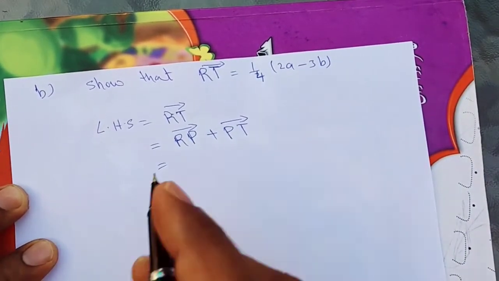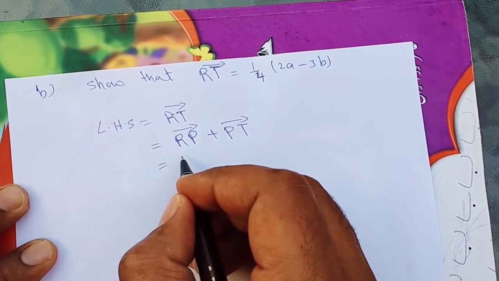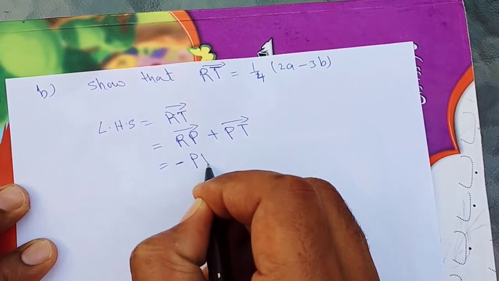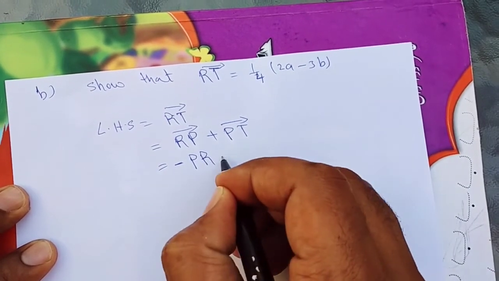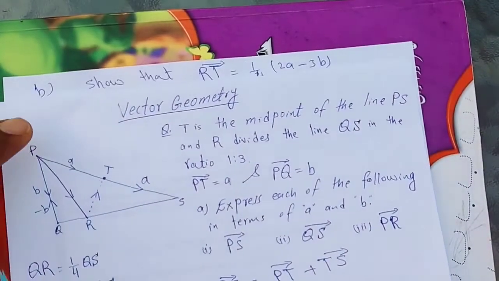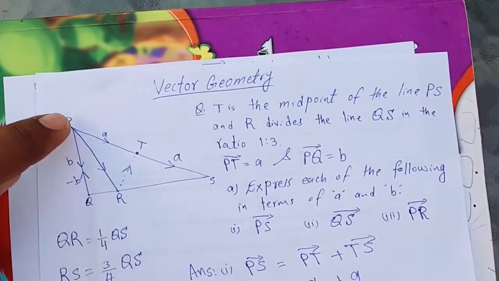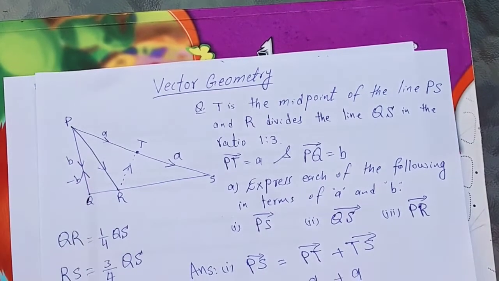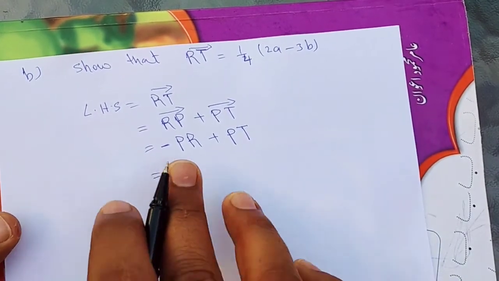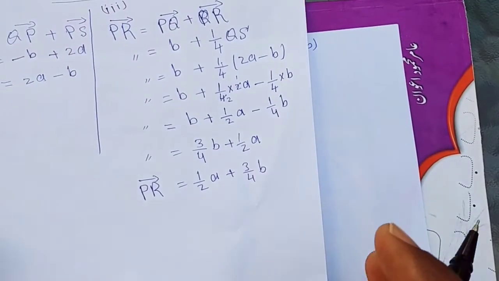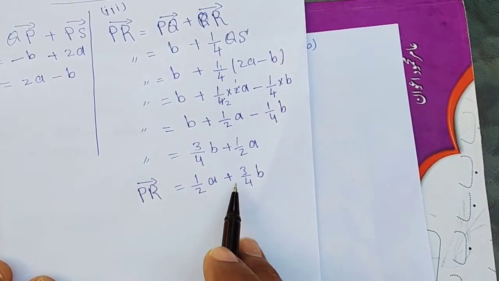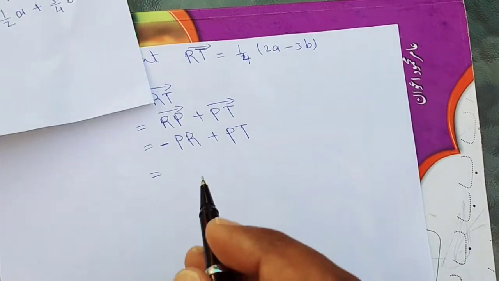What is RP? It is the opposite direction vector, that will be minus PR, plus PT. If it will be RP, it will be the negative of PR. So what is PR? We already found PR is 1 over 2a plus 3 over 4b.